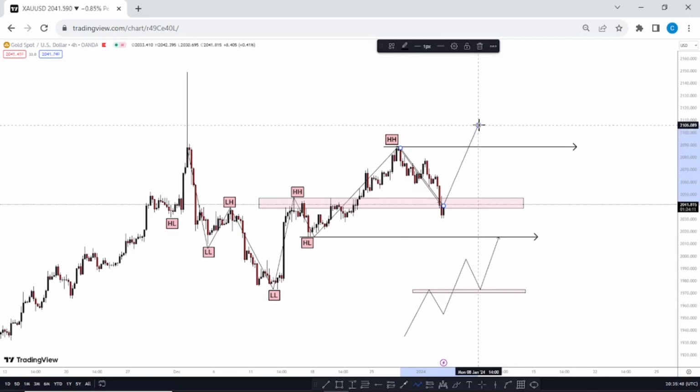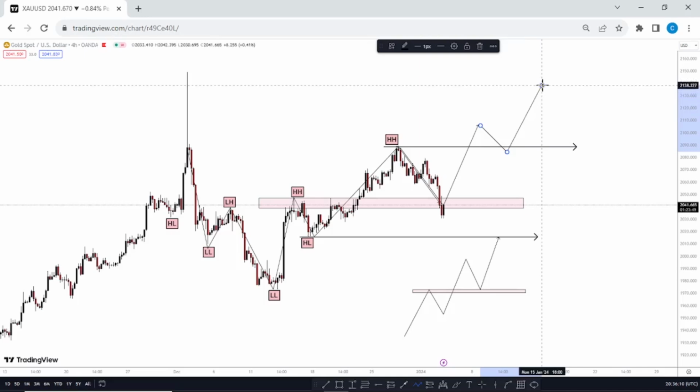So in case price does this, it means here becomes our new higher low and here becomes our new higher high. So in case price is able to create a new higher high, what are we expecting price to do? Come back down again, retest this previous higher high so we can continue back to the upside. Do you get me?